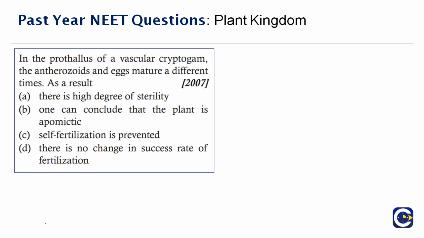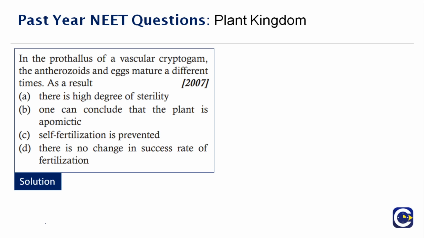Now let's move to the next question. Read this question here. In the prothallus of a vascular cryptogam, the antherozoids and the eggs mature at different times. So what does it result in? Why is it happening at different times, and why is it not happening at the same time? This question was asked in the year 2007.